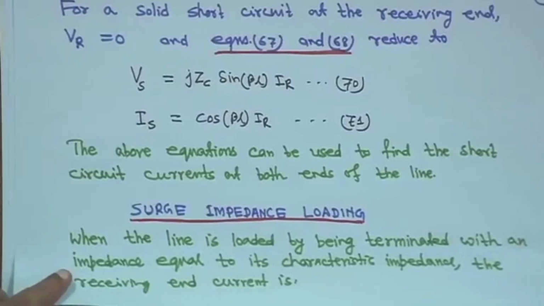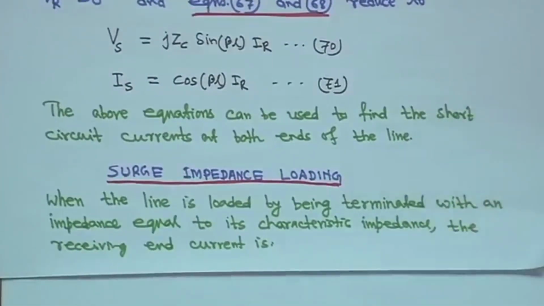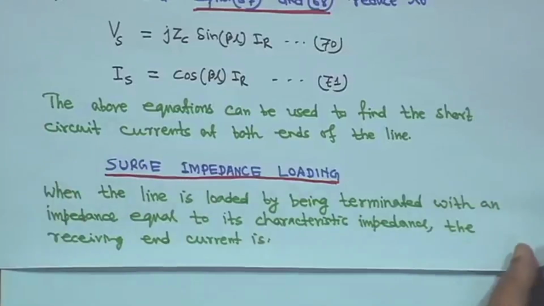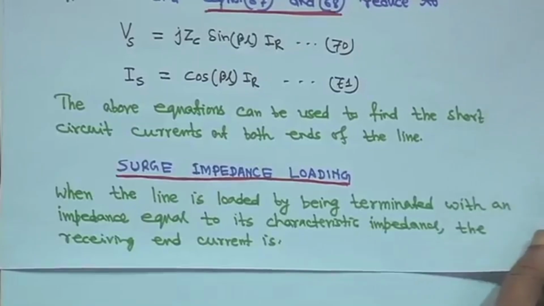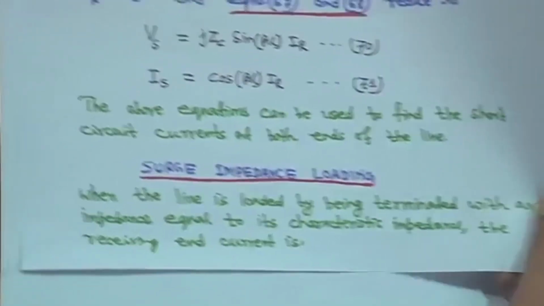Next is surge impedance loading. When the line is loaded by being terminated with an impedance equal to its characteristic impedance, that is Z is equal to ZC is equal to root over L by C, the receiving end current you can define. The receiving end voltage is VR, and the line is terminated with an impedance equal to the characteristic impedance ZC.